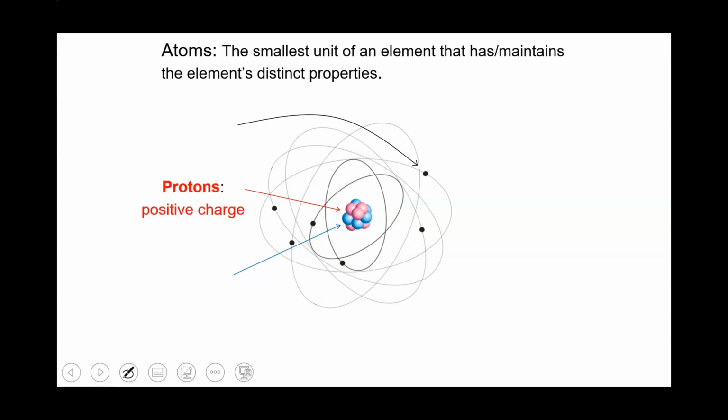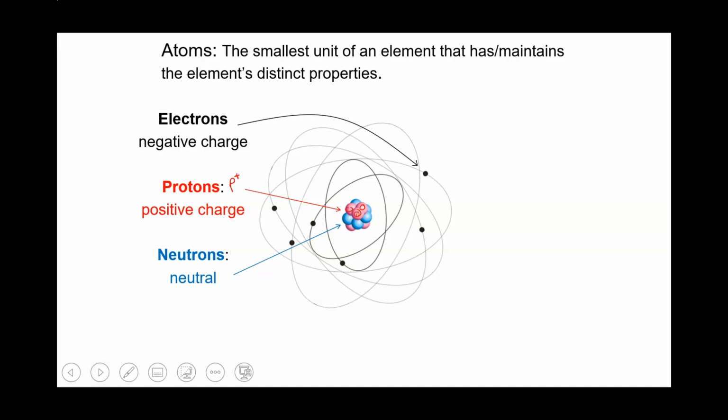For example, these little red particles here, those are protons, and protons have a positive charge. So sometimes we abbreviate that P positive. Clustered together with the protons, we have particles known as neutrons, which are electrically neutral. You can see that protons and neutrons are clustered together. We'll come back to that in a minute.